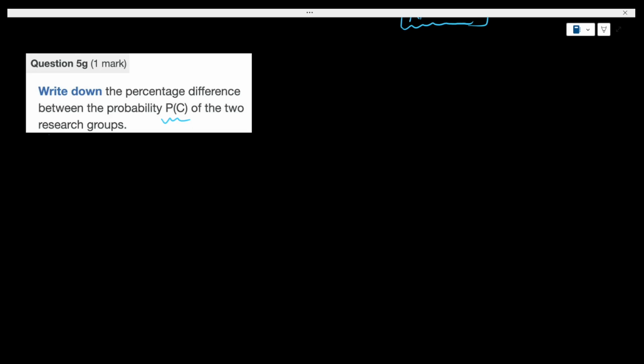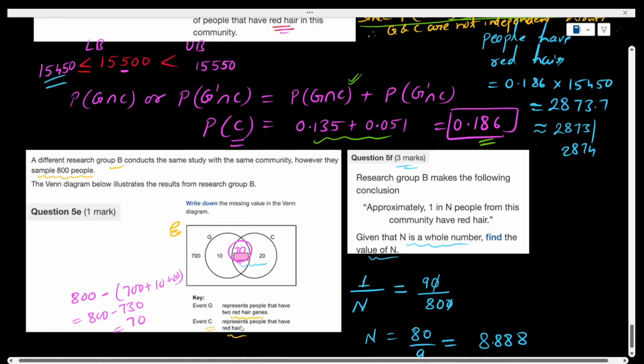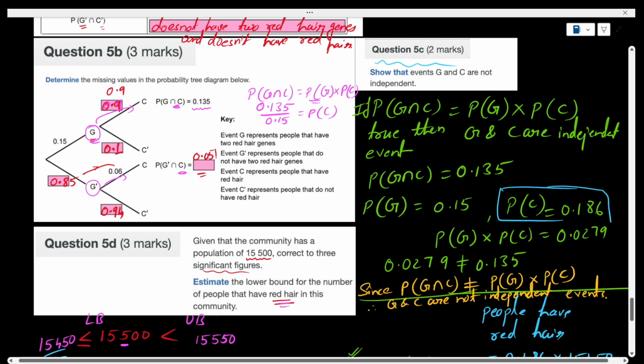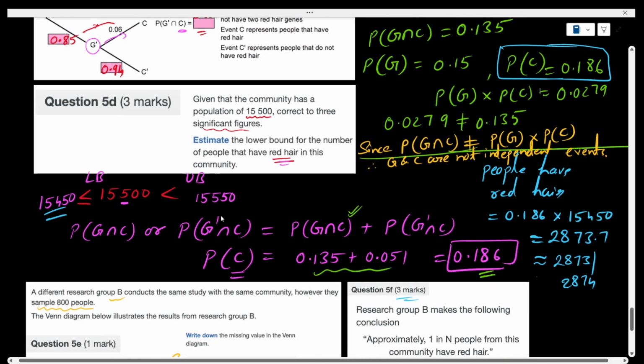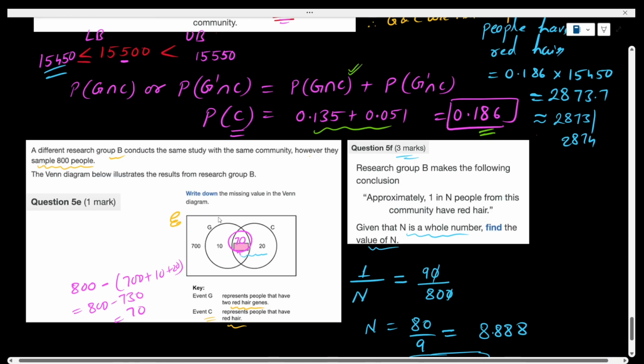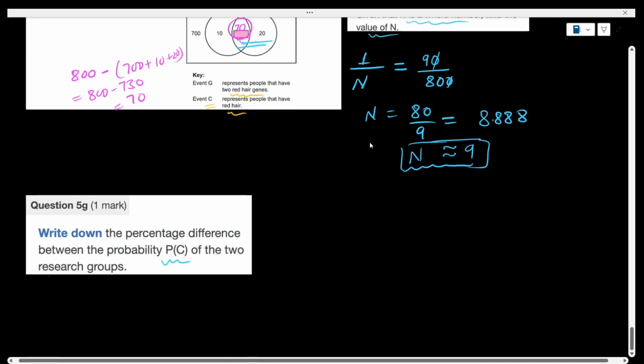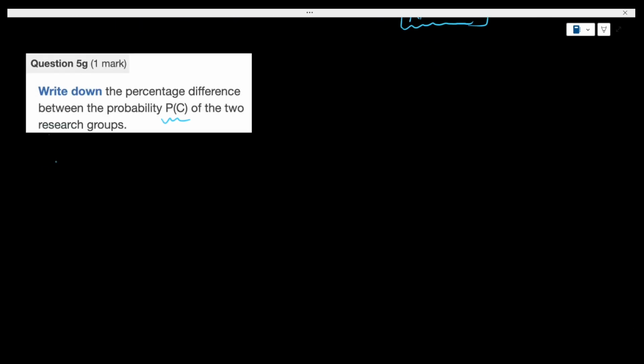After that, the next question: write down the percentage difference between the probability of having red hair of these two research groups. Now look here, in this case we already have 0.186 as the probability for people having red hair. And here, red hair is 90 out of 800, and we need to convert it into percentage.